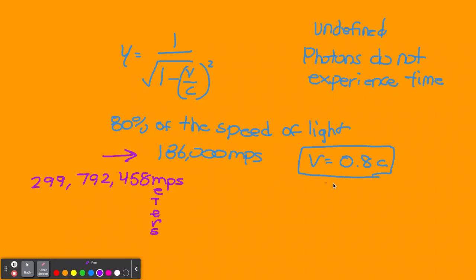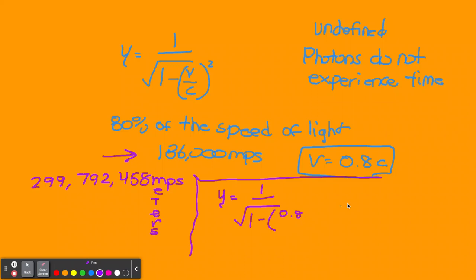And let's keep purple. So we're going to say gamma, not y, is going to be 1 over the square root of 1 minus v squared over c squared. Now our velocity is going to be 80% of the speed of light, so 0.8 will be our velocity.